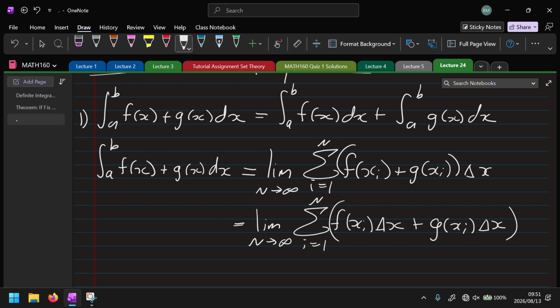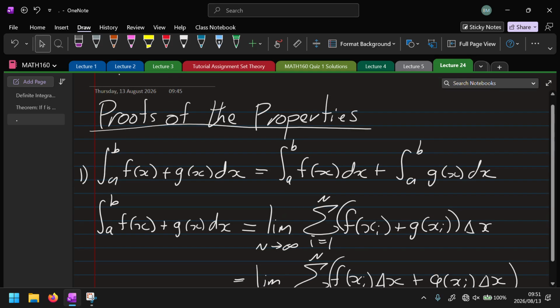What was the next step? So we distribute the delta x, and then there was a step before substituting the summations. What was it? Separate. Yeah. Okay, well, let's do that. Let's separate it. Why? Well, we've got the sum of this plus this, but over here, we have the sum of f by itself and the sum of g by itself.